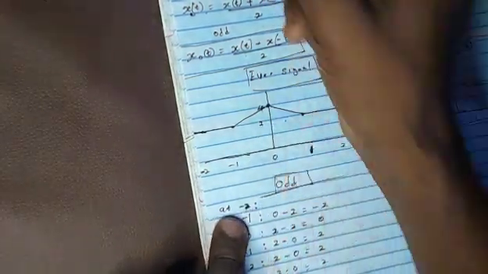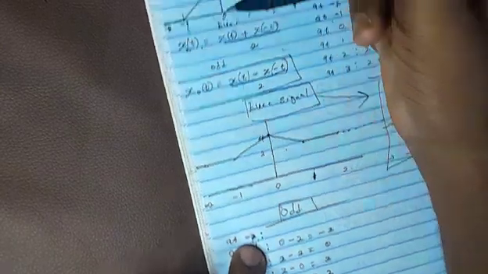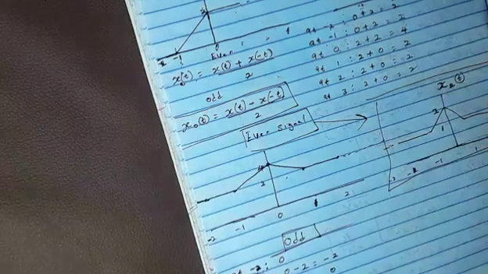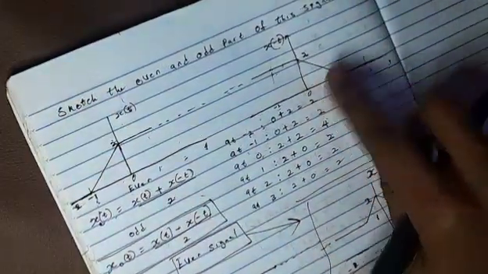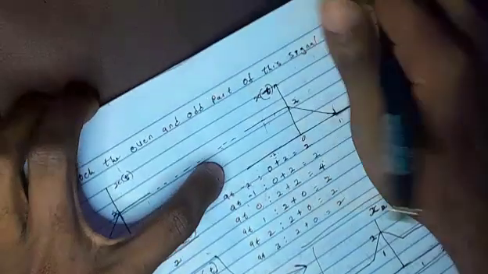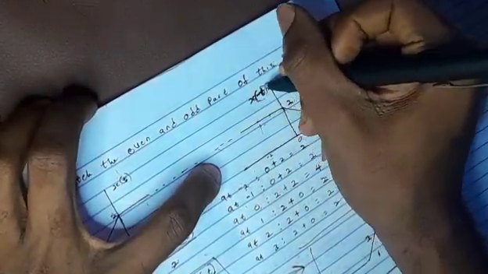So at minus 2, you have it to be 0 also. And at minus 2 for the second one, this is x of minus t.